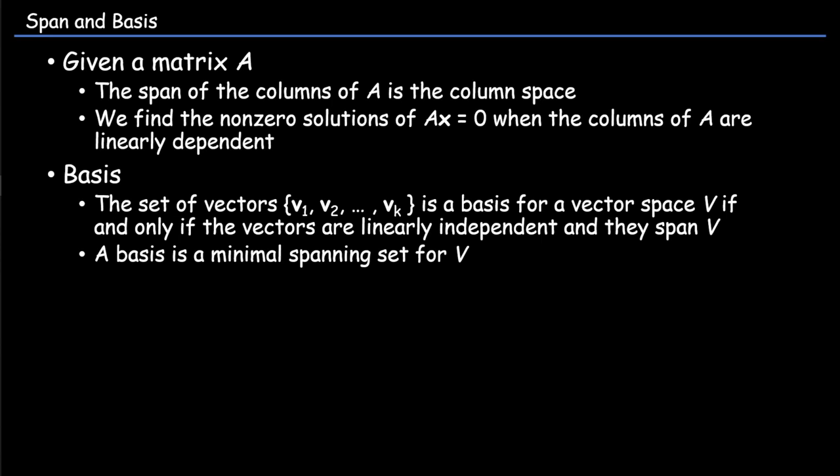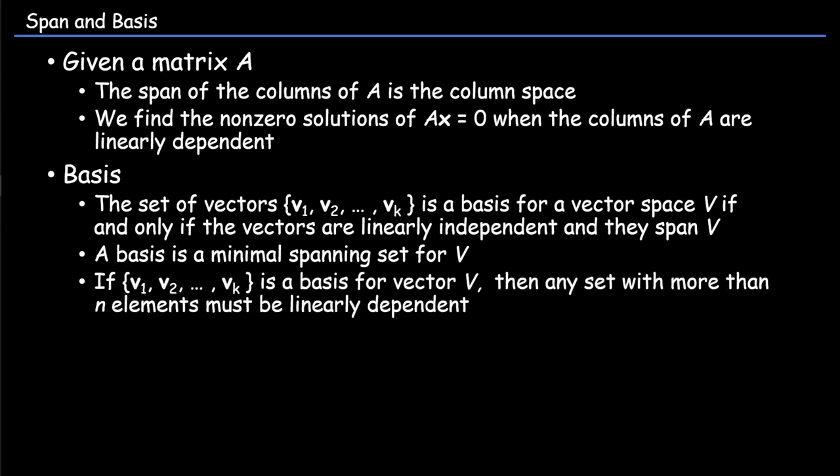So what that means is that the basis spans V, but there are some sets of vectors that span V but are not a basis. If that set of vectors is a basis of the vector space V, then any set with more than n elements must be linearly dependent.